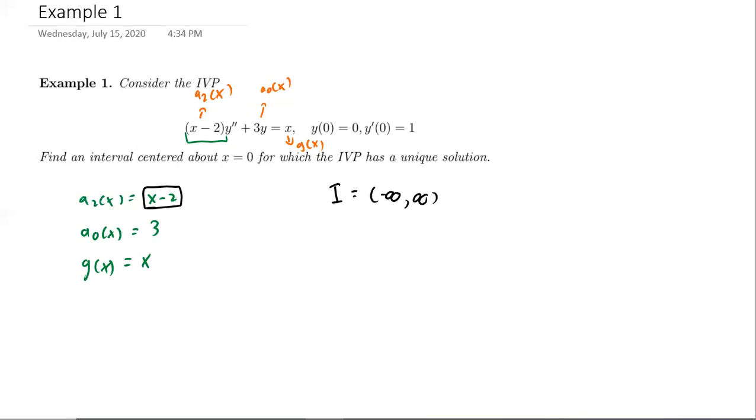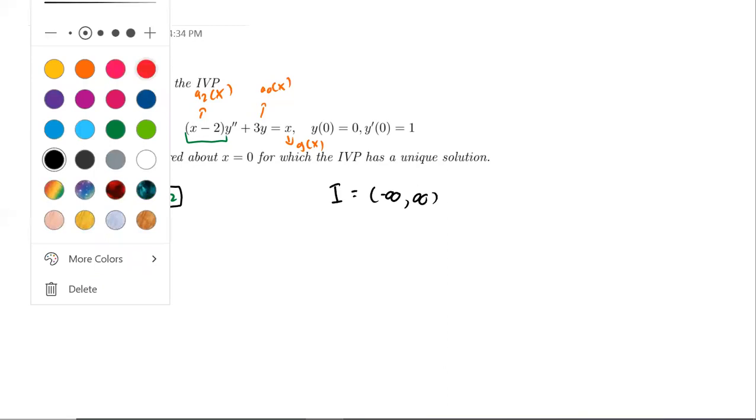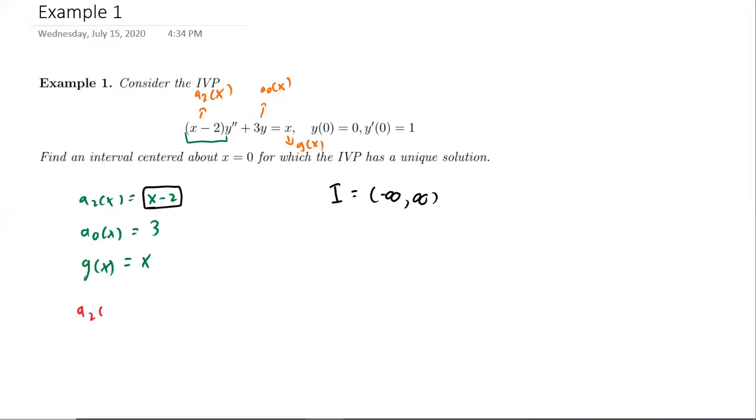Well, you can easily check that just doing some basic algebra, right? a_2(x) = 0 implies x - 2 = 0, which of course has solution x = 2.